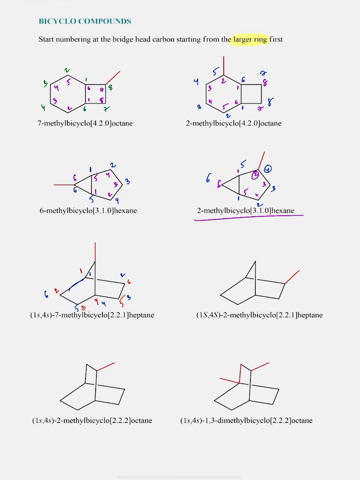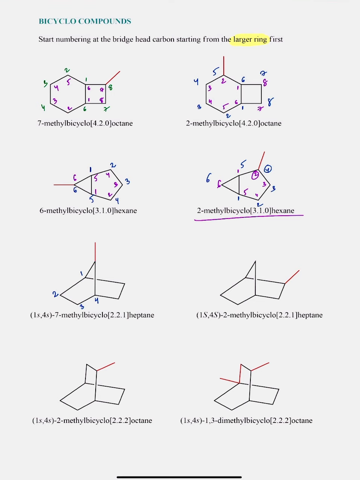Anyway, you'll get the right answer, but sometimes you have to decide between going left first or right first depending on the substituent. Here the substituent is at the top, so it would not matter. So I'll start at the left anyway. I'll complete the numbering, and then I'll come to the second largest bridge, which is on the right. I'll continue numbering there.